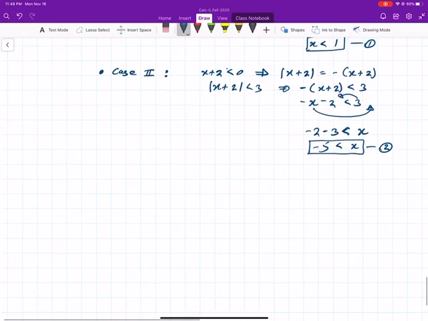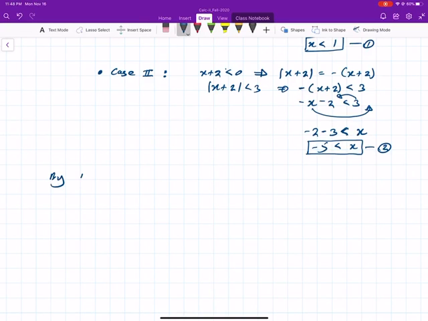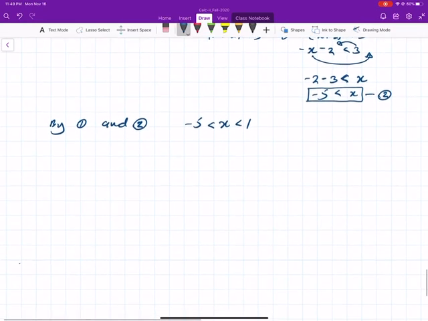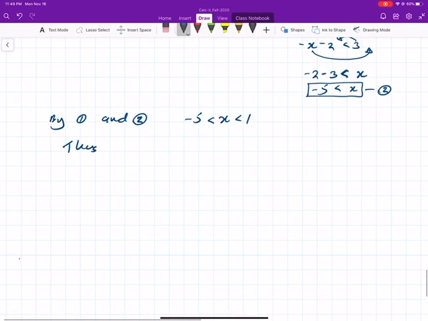Alright, then by 1 and 2 you write x is smaller than 1 and greater than negative 5. Alright, now you can understand what's the radius and what's the interval of convergence. Thus, the interval of convergence is (negative 5, 1).